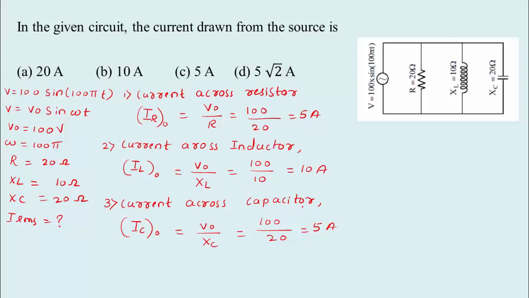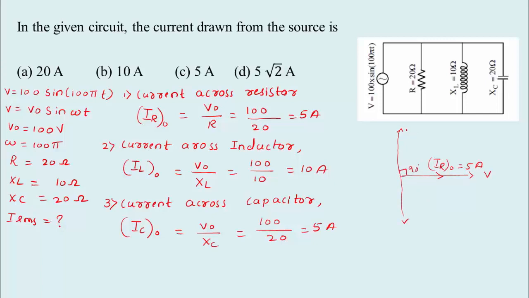Right? Now we have the phasor diagram for the LCR circuit. We know that this is the voltage for the resistor. Both are in phase with each other. This is IR naught, which is 5 ampere. Then the inductor and capacitor are leading and lagging behind with a phasor angle of 90 degrees.